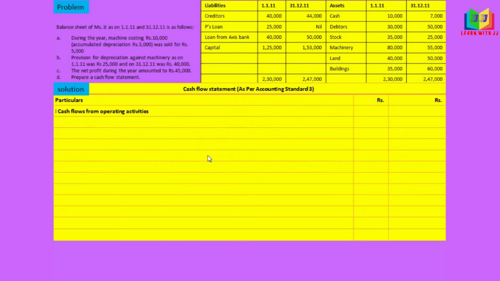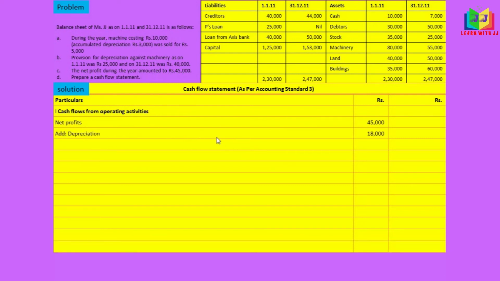Let's start doing the problem. Operating activities will start with, first we have to write the net profit, that is 45,000, okay. I have written that, and with this we have to add the non-operating expenses and non-cash items. We'll see what all non-cash items we will have. Depreciation we have, but the depreciation amount is 18,000 which we found in the provision for depreciation account.